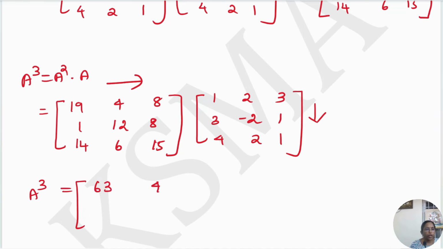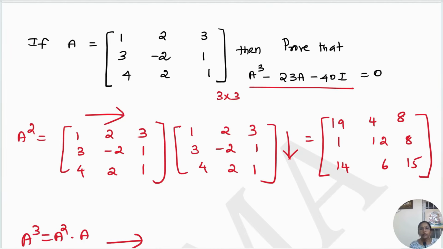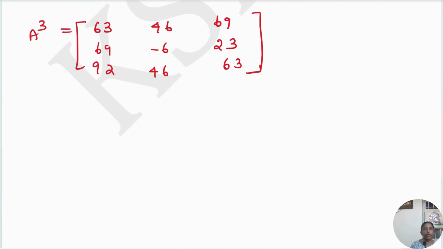So 63, 46, 69, 69, minus 6, 23, 92, 46, and again 63 for the last data. And what is our requirement? A cube minus 23A. So you have to multiply your data with 23 here, and minus 40I. So I is 1, 0, 0, 0, 1, 0, 0, 0, 1. So you can directly write your data.